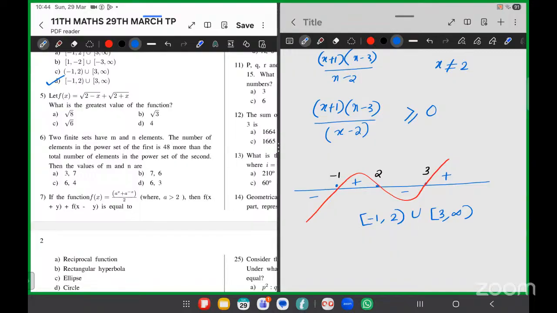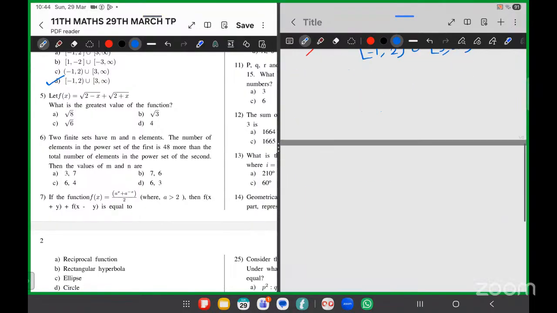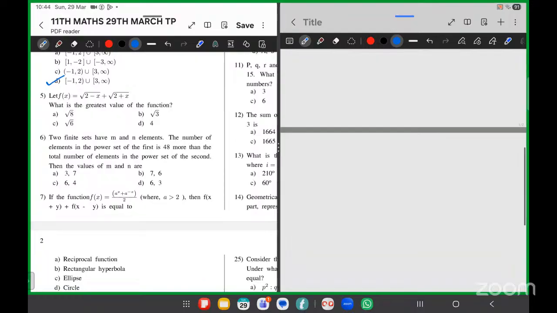Two plus two. ये 12th का है, ये 11th का है.